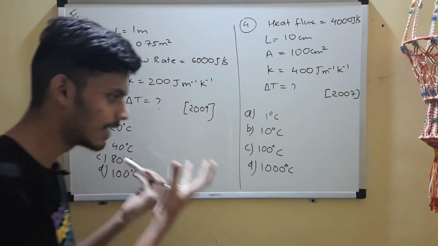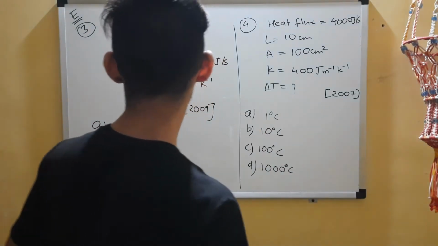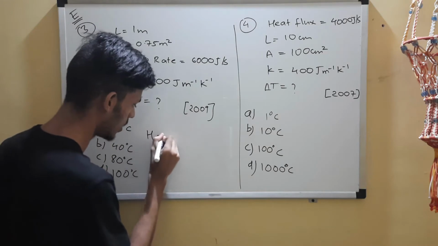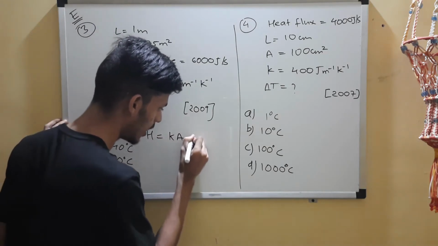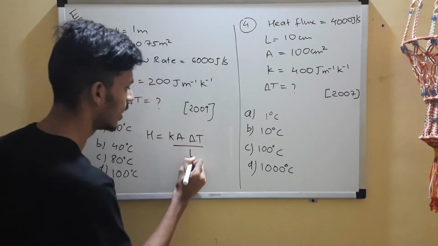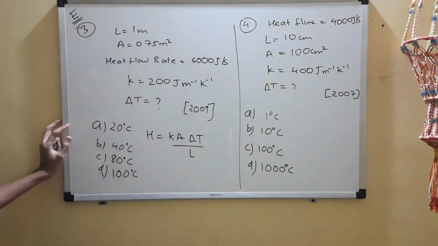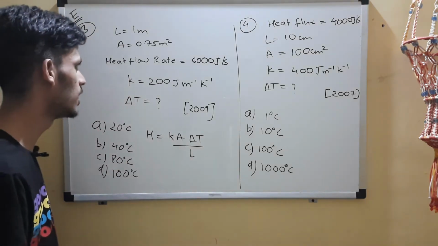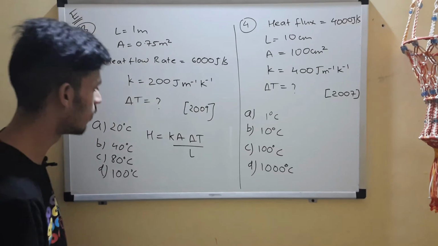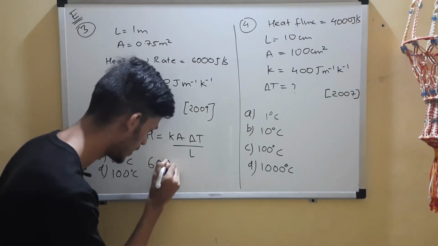Quite a simple question because it is formula based. The formula is H equals KA delta T by L. I hope you know what each of these means. H is the rate of flow of heat, so that will be 6000.